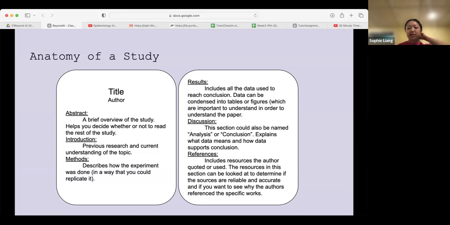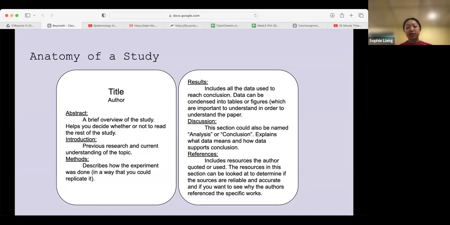Okay, so after the abstract, there's an introduction section. The introduction section talks about previous research and the current understanding of the topic, so what scientists know right now. And then sometimes they may also identify some gaps, like what do we not know or what is missing in current understandings.